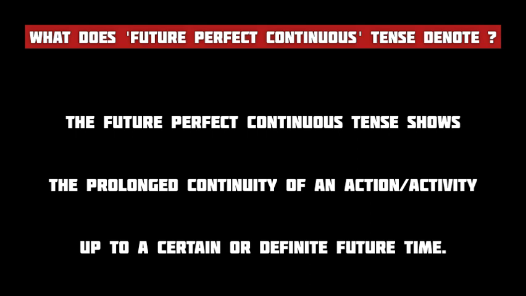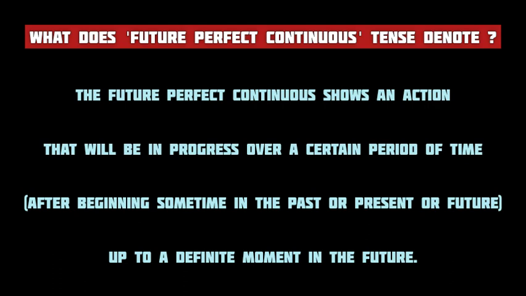The future perfect continuous tense shows the prolonged or a long time continuity of an action up to a definite future time or moment. In other words, the future perfect continuous tense shows that an action denoted in the verb will be in progress over a certain period of time and continue up to a particular point of time in the future.